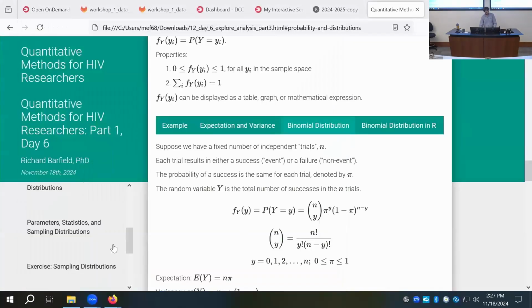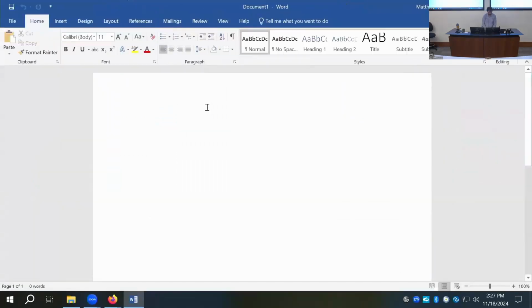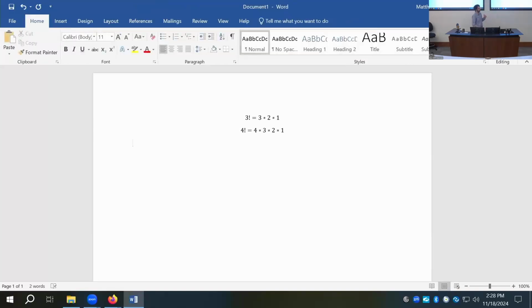basically, n factorial is basically, so if we said 3 factorial is equal to 3 times 2 times 1, 4 factorial is equal to 4 times 3 times 2 times 1, and so on, right?